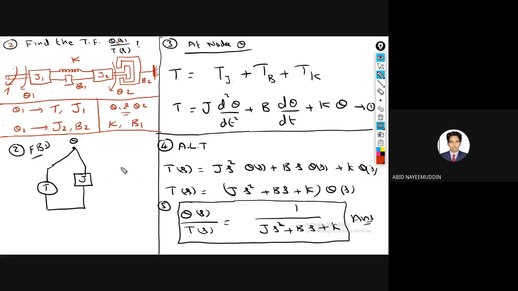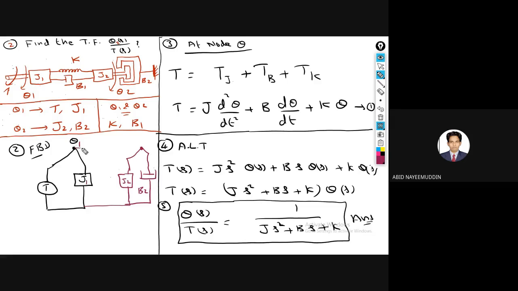Let me draw. For theta 1, as usual, the elements connected are J1 and torque T. The elements connected to theta 2 are J2 and B2.